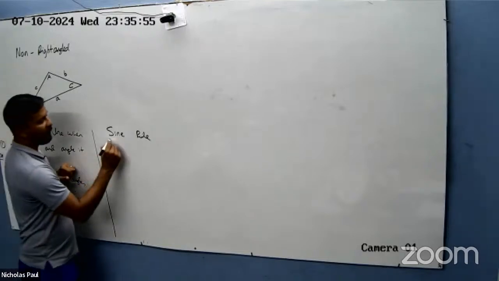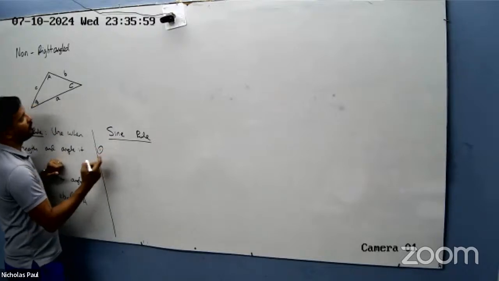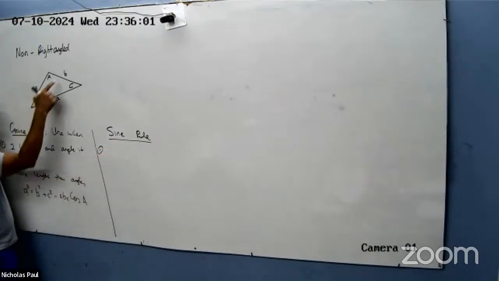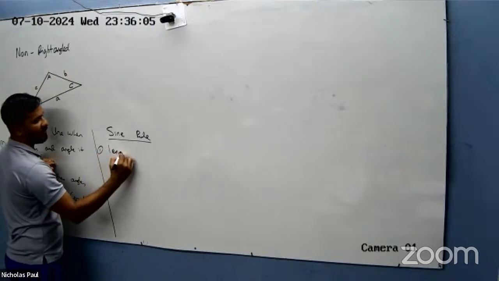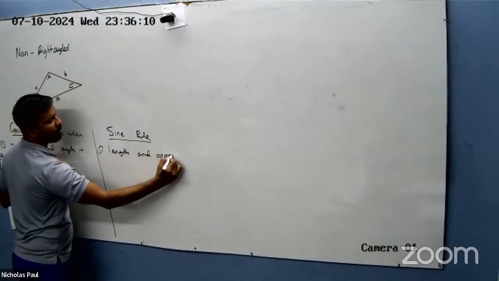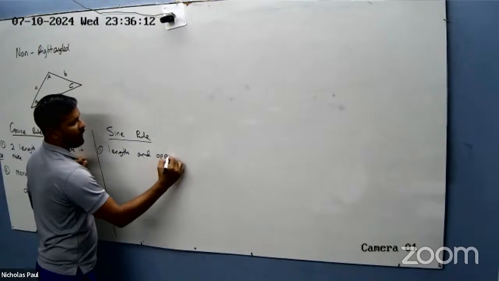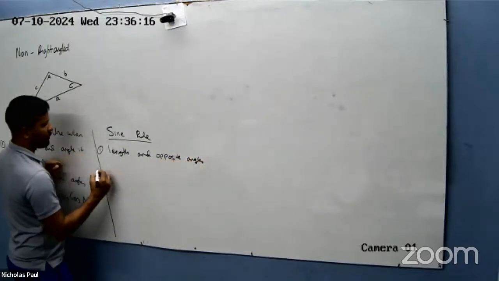Sine rule, on the other hand, you have two conditions again. You have a length opposite an angle. So whenever you have lengths and opposite angles, right?